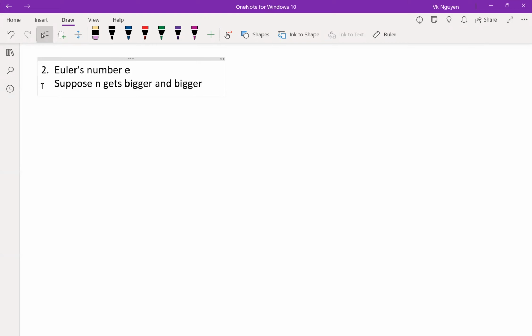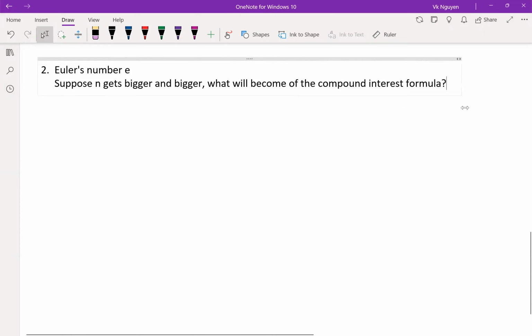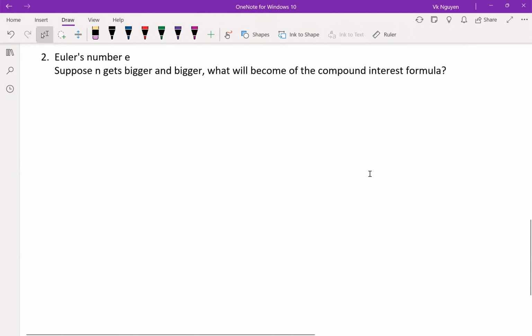That is, the compound periods are getting bigger and bigger in 1 year. What will become of the compound interest formula? Let's take a look. So the formula is A(t) equal to P times (1 plus r over n) to the power nt.